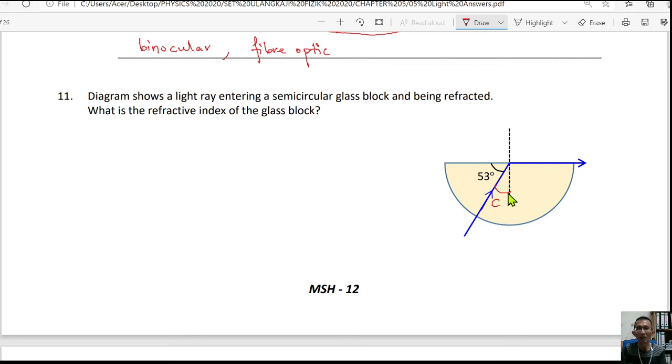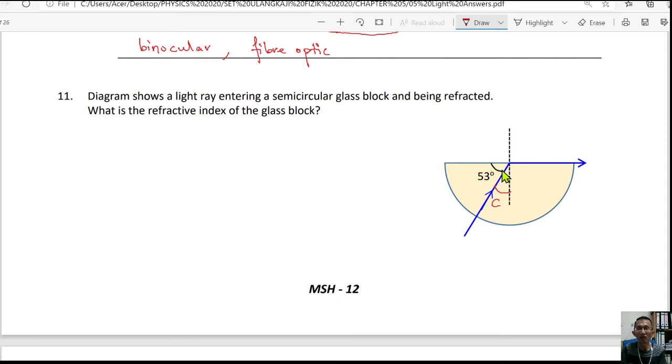If this angle is less, then I will have something going out from the glass block. If this angle is greater than my C, then it will be reflected inside. If it is equal, then it will be on the surface between the two mediums.